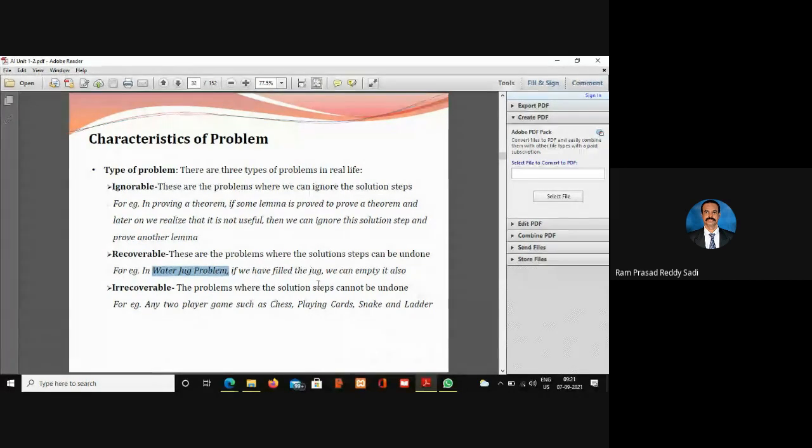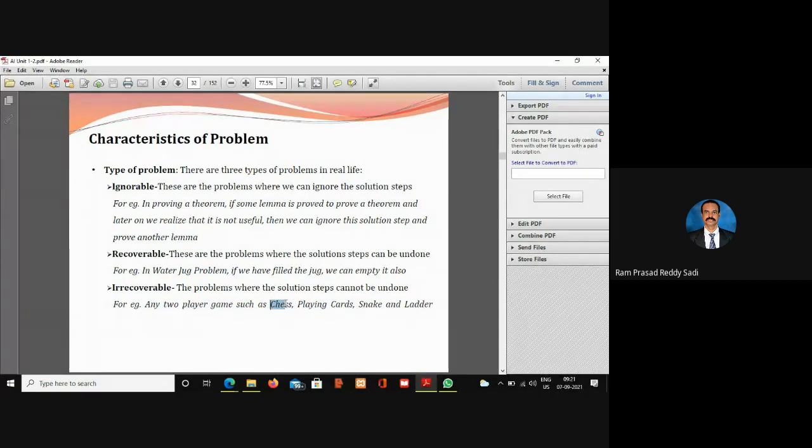If one opponent makes a move, would you allow that candidate to undo the step again? You will not do it. The same with the snake and ladder game, or a playing cards game. I discard a card. Will you give me a chance to pick up the same card again? No, you will not. Those we call irrecoverable problems.